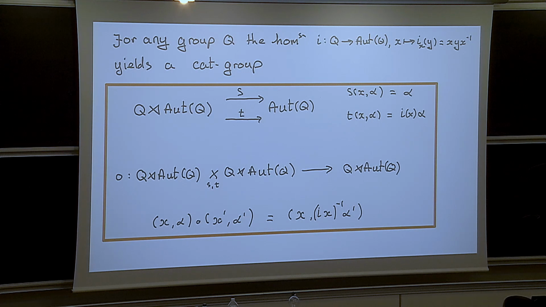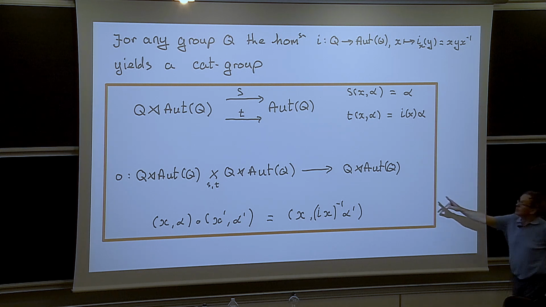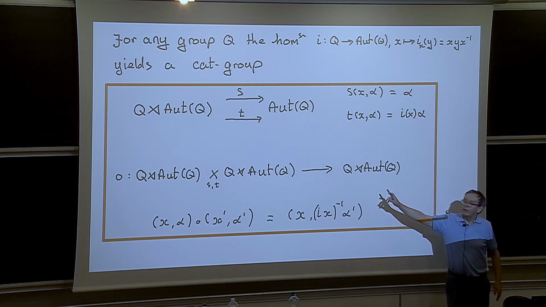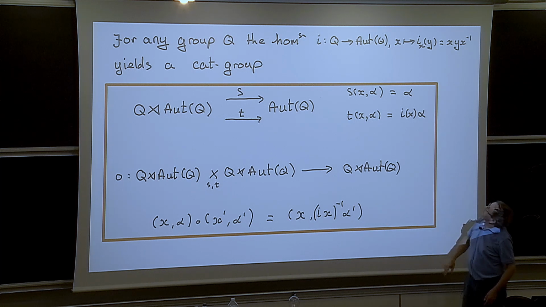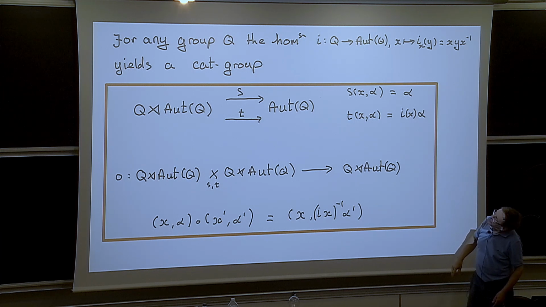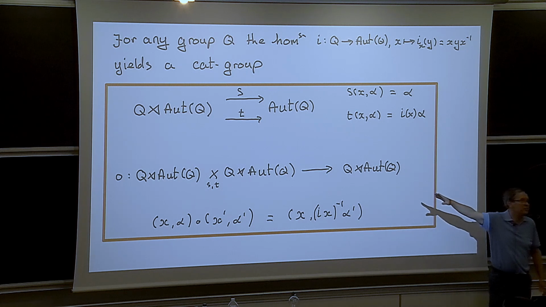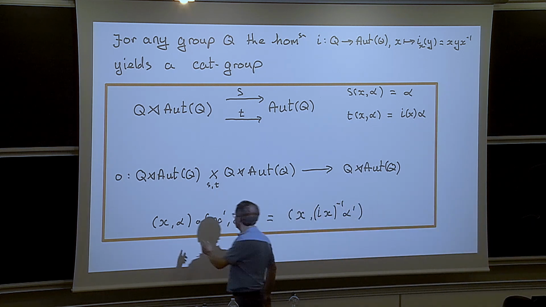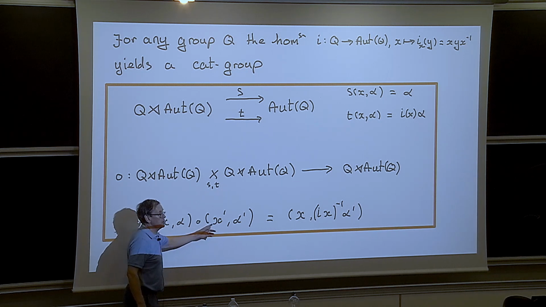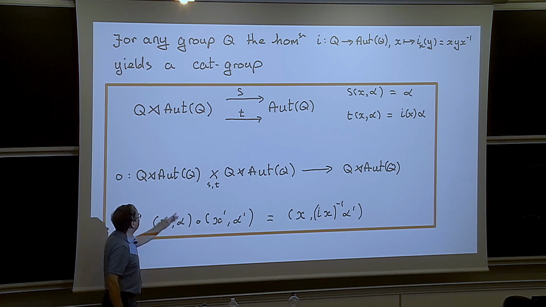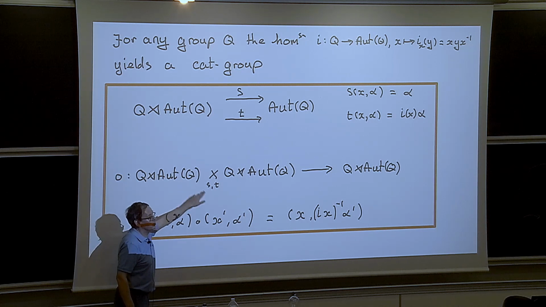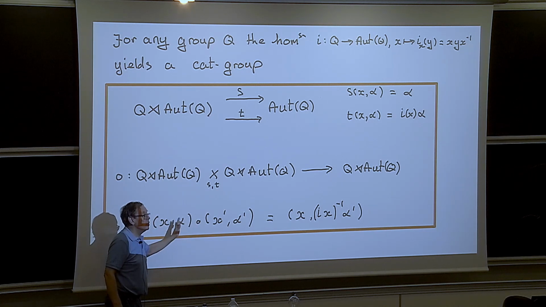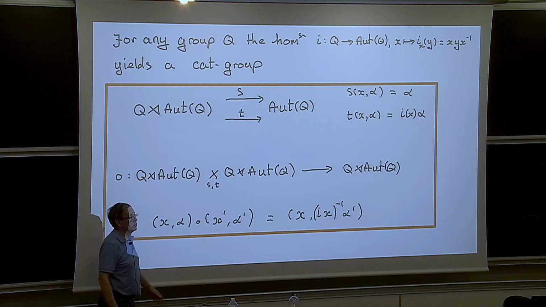You can take the pullback over S and T of this semi-direct product, and get a very big group. But it's a general construction. And then you can define, and if you're bored you can check, that this is actually a category composition. It's defined whenever the source of one arrow equals the target of the other, and it's associative and so on. So this is an example of a cat group.